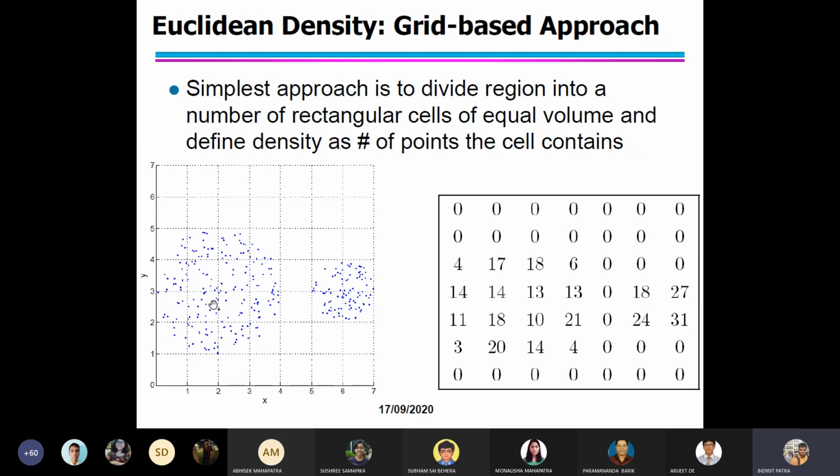So the number of points per unit volume is nothing but the density of this region. Here are some points, and let's say this is 18 points. Here they have counted 18 points, so the density of this region is 18.